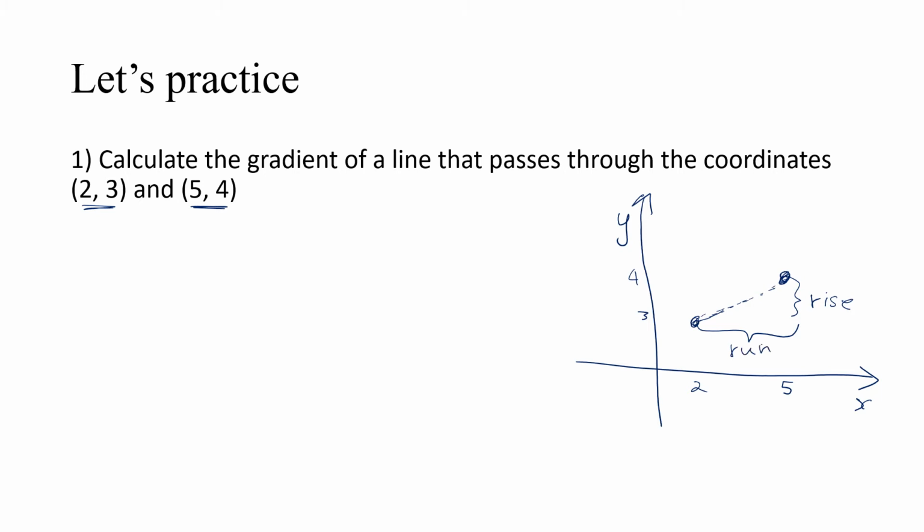So if we use this drawing, we can clearly see that it went up 1, from 3 to 4. And we can clearly see that from 2 to 5, it went across 3. So the gradient here is supposed to be 1 over 3. Of course, this is graphically, just drawing it, that we could see that.